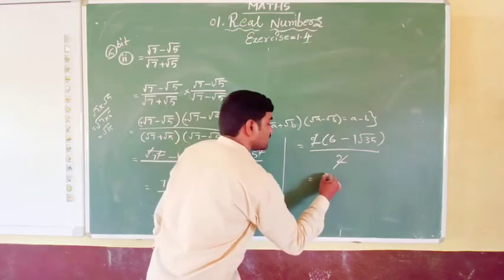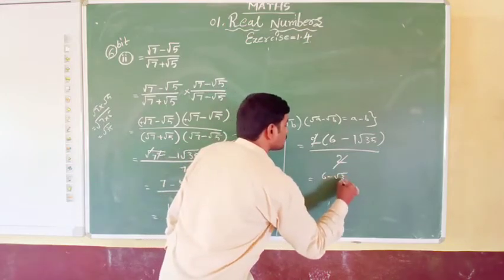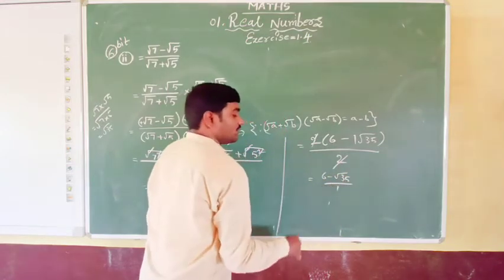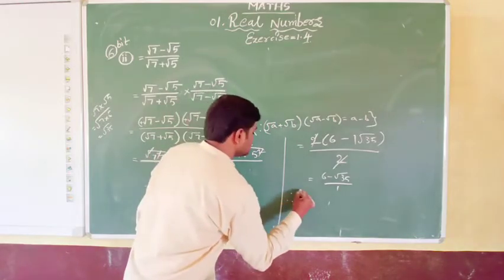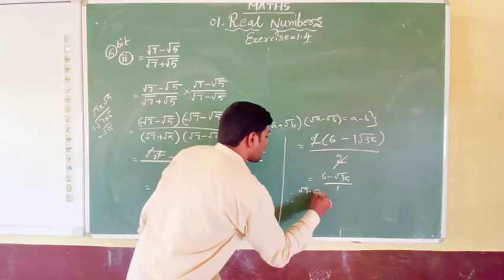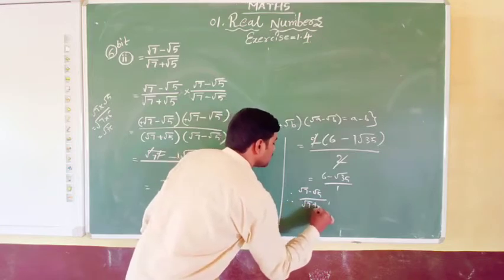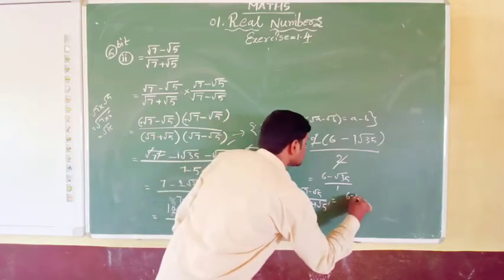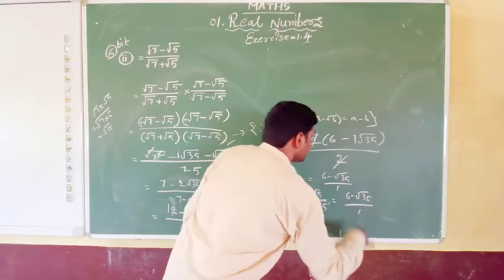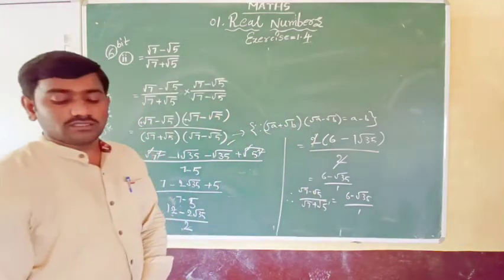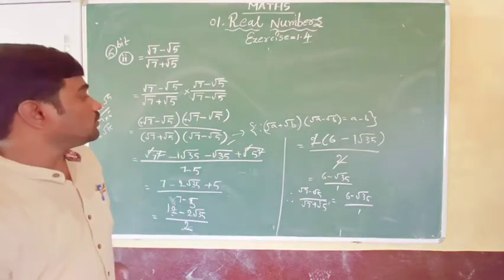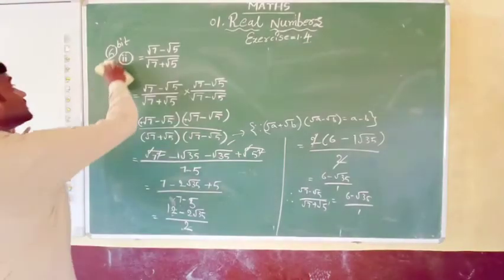At last we got 6 minus root 35 by 1. Therefore root 7 minus root 5 by root 7 plus root 5 equals 6 minus root 35. So this is the second question in the 6th bit.